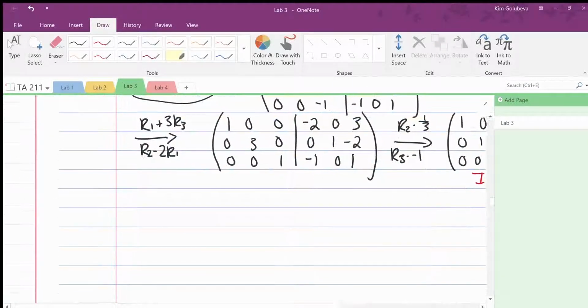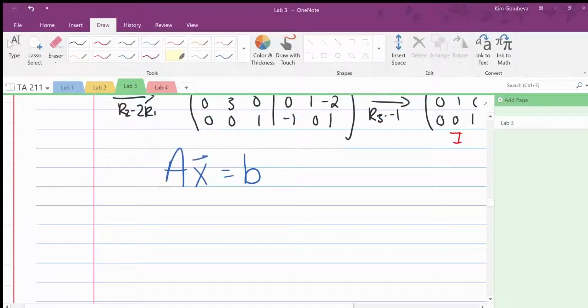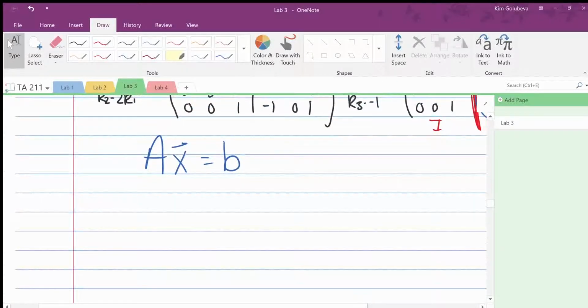By now you should have seen this formula, AX equals B. This is essentially the formula for solving a system of equations. Right here you've got your matrix A, and here you've got your solutions, and this is what it equals.